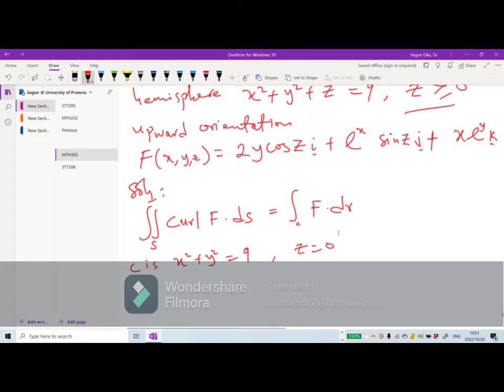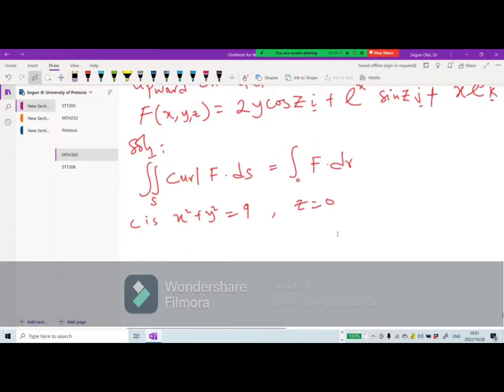Then in this case, we need our parameterization. Remember, anytime you mention a circle, t goes from 0 to 2 pi.